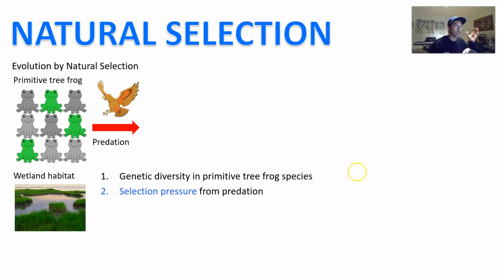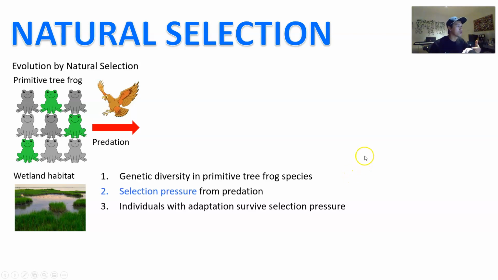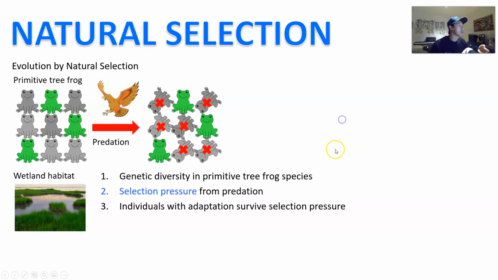And that pressure means that individuals with the right adaptations tend to survive better, right? So let's say, for example, living amongst green reeds means that the green tree frogs are more likely to survive this selection pressure, and birds are able to pick off the light gray ones and the dark gray ones a lot easier.